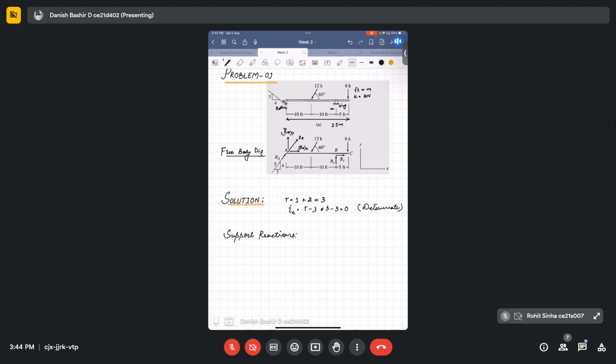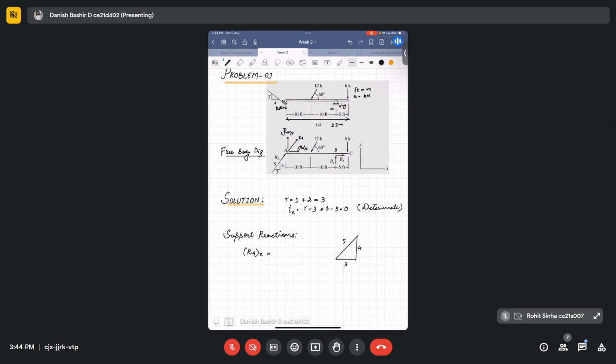For the support reactions, first we will compute the RAX reaction component, the X component of reaction A. Its inclination is mentioned in the problem. It's like this, okay? Inclination is given like this, 5, 4, 3. It's a very easy thing.